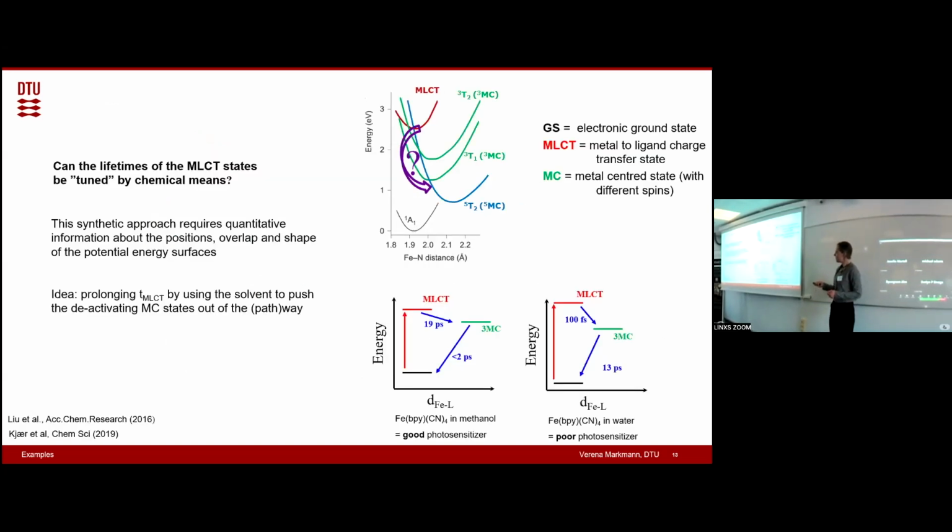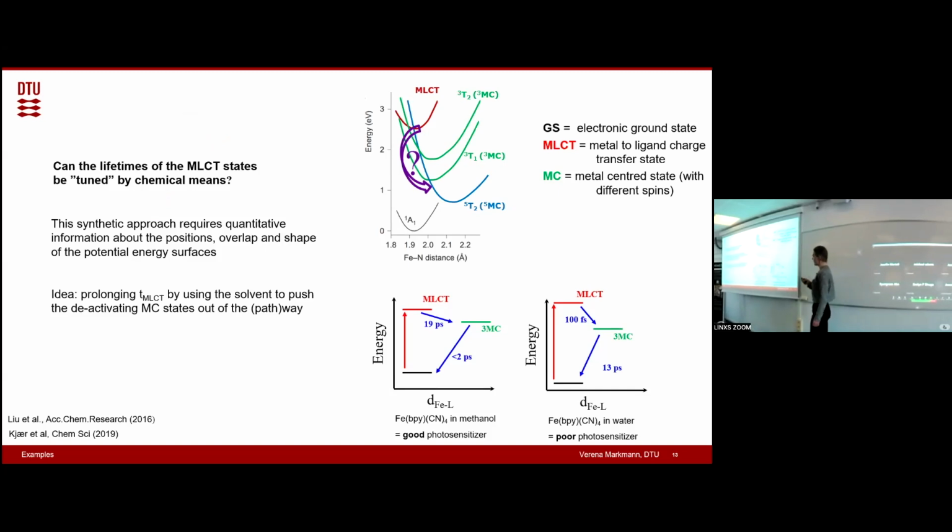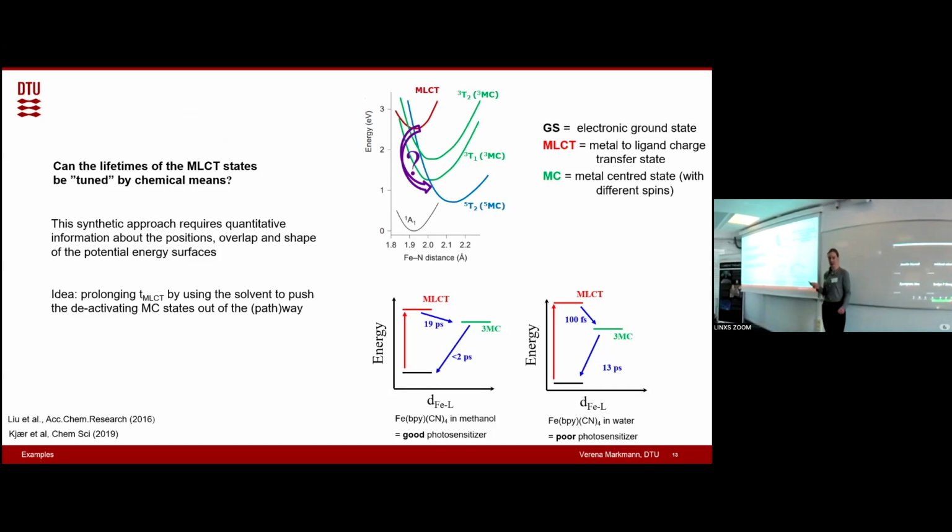The idea is now to hopefully in some way tune the states of our molecule to be able to use it for applications. So what we first need to do is to understand the pathway through the different excited states that the electron can take, and then hopefully in some way alter the shape of these states.